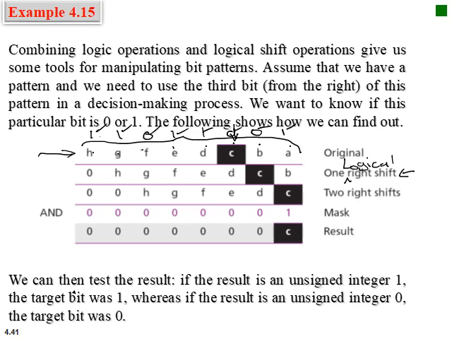If you remember from the right shift, we shift everything just one to the right, and the rightmost one, the A, just falls off. Then we do yet another logical right shift. Again everything moves to the right, and so we have C, the one we want to look at, on the right hand side.